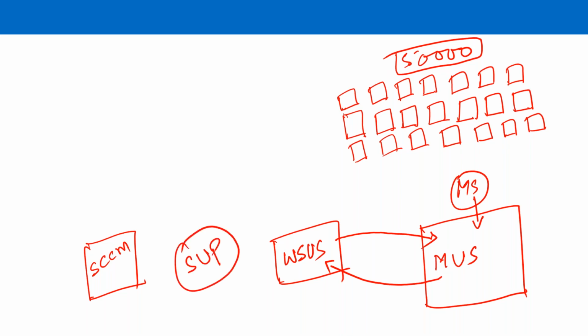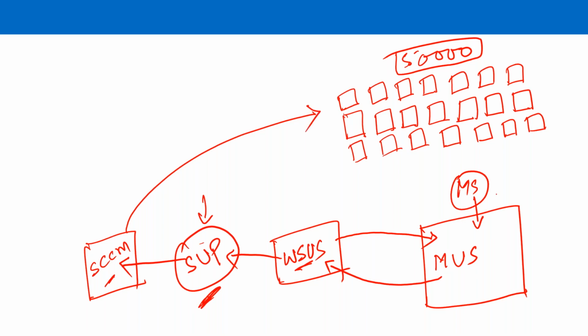That's a component of SCCM which helps you to integrate WSUS information into SCCM. So we are talking about the software update point role now. Software update point is one of the components which helps you to integrate updates from the WSUS server into SCCM. And then you can deploy updates to 50,000 computers from SCCM.